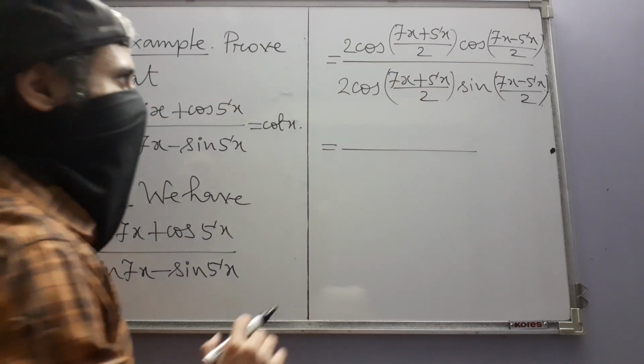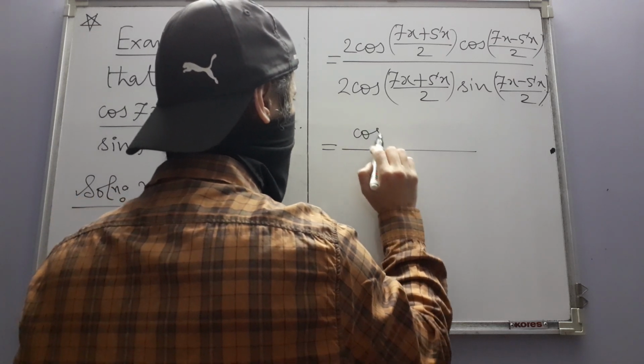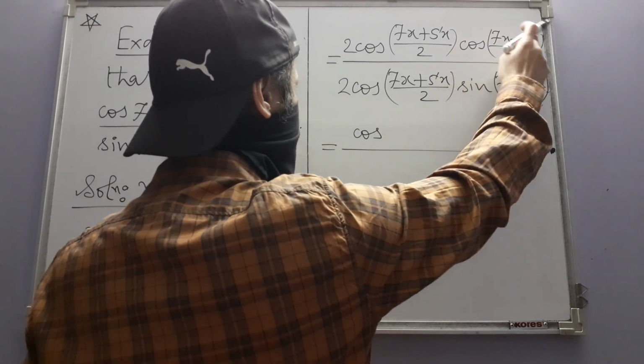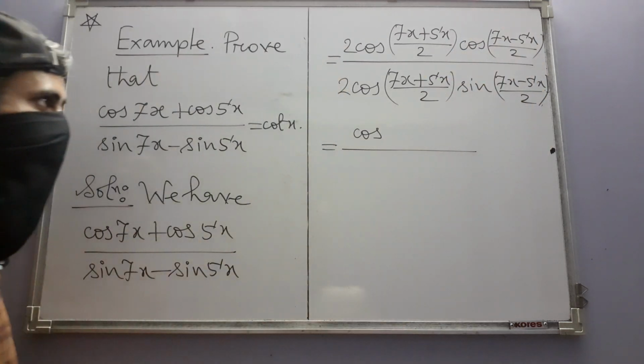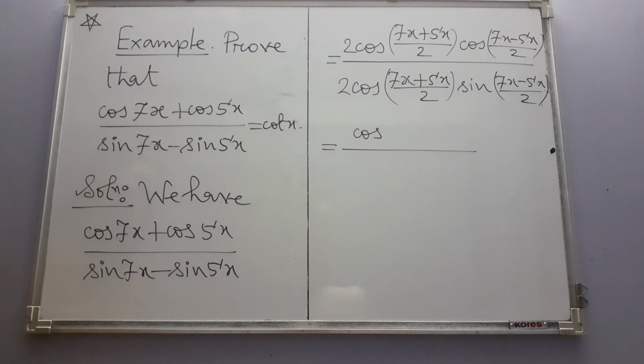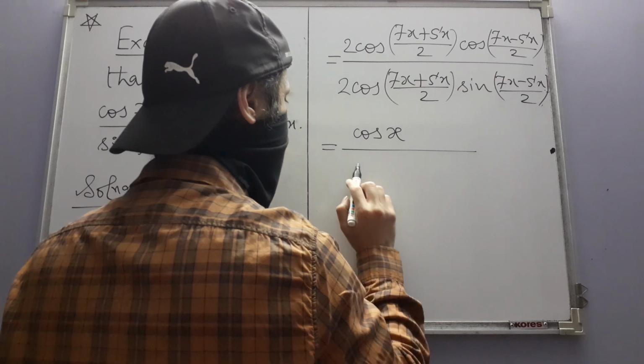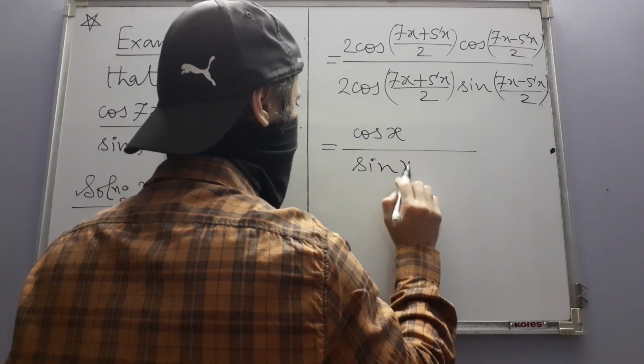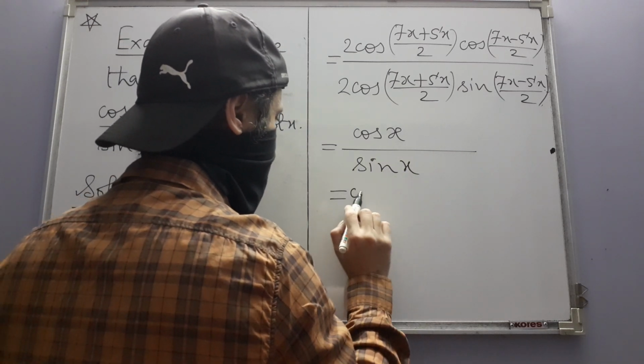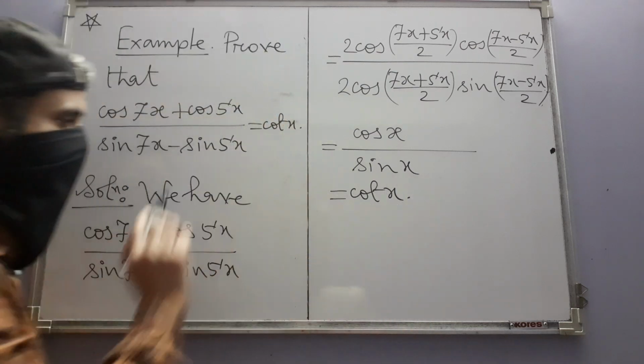There is no need to write that. Now, what is 7x minus 5x? That is just 2x. 2x divided by x is x. Similarly, the denominator is sin x. So that's why this is cot x.